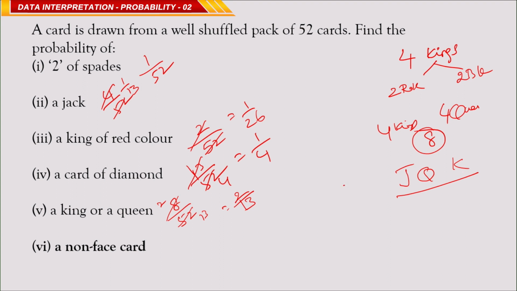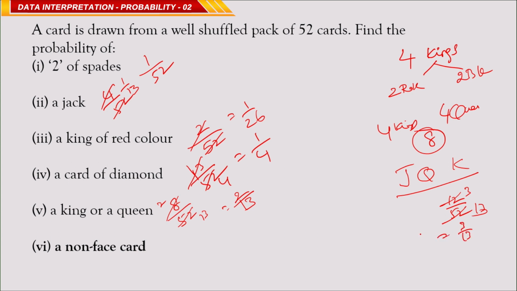In spade we have 3 face cards, in diamond we have 3, in club we have 3, and in heart we have 3. Totally 12 face cards. Means getting a face card is 12 by 52, correct? 3 4s are 12, 4 13s are 52, means 3 by 13.